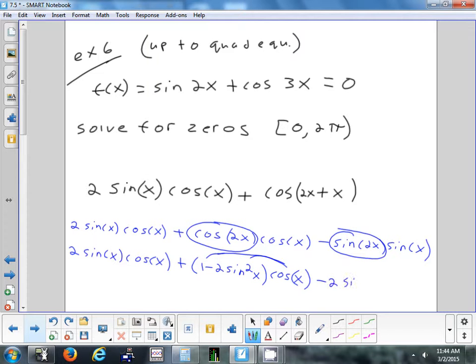I have to rewrite this: 2 sine cosine. And now if we're clever, we can do something else at the same time right here. Instead of writing 2 sine cosine sine, how can I put the two sines together? What would happen when you multiply sine times sine? It would be 2 sine x cosine x times another sine x.